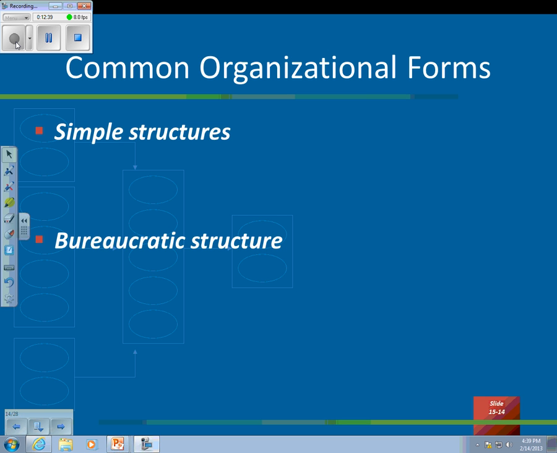I think of restaurants around town may fall into that category. Small design shops. And then the opposite would be the bureaucratic organizations, and the one that we see most often is a functional structure.